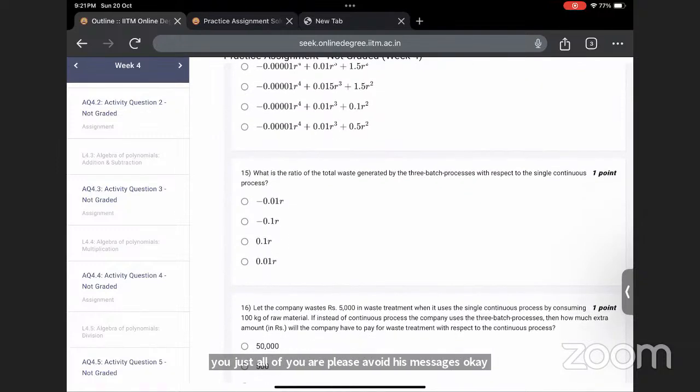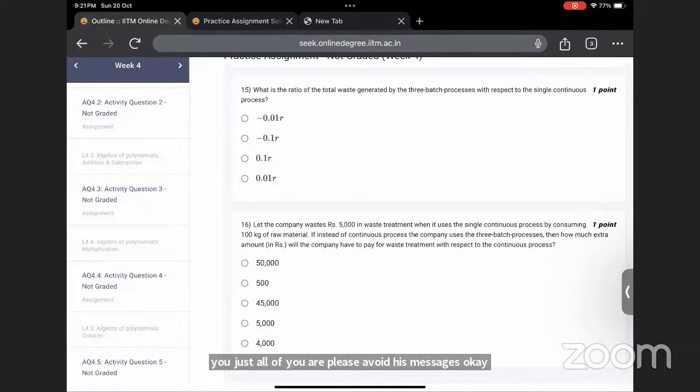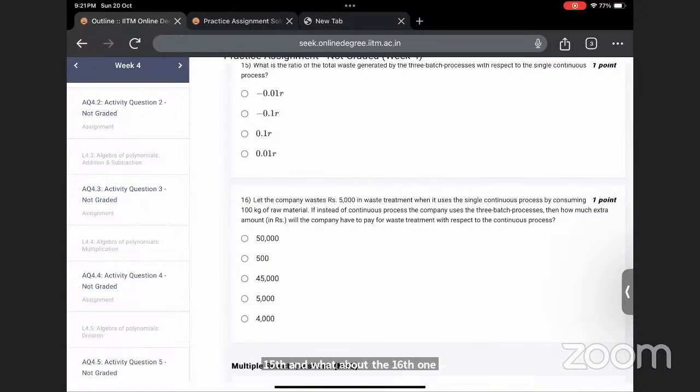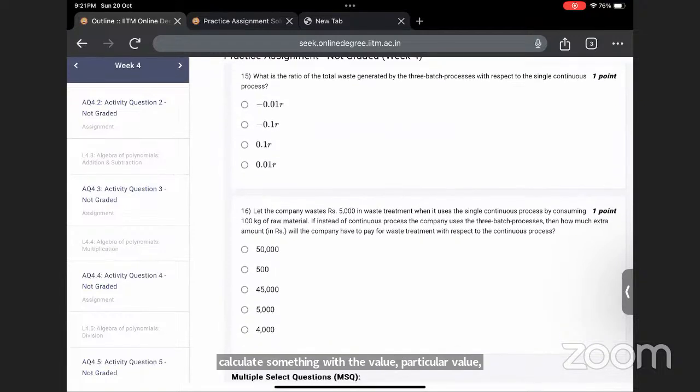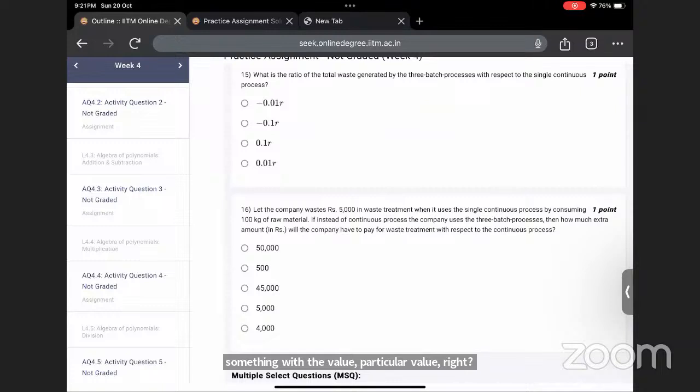Okay, so the 15th, and what about the 16th one? Here we just have to calculate something with a particular value, right? We have the ratio, so you can calculate it.